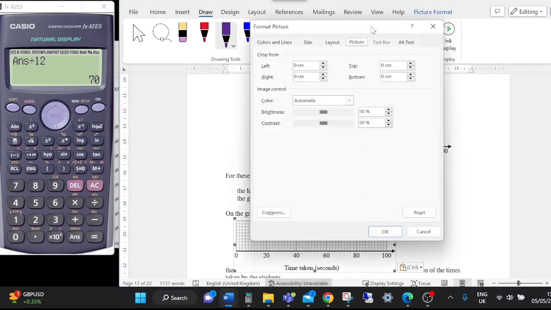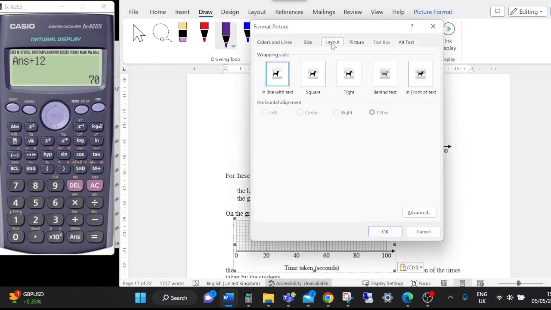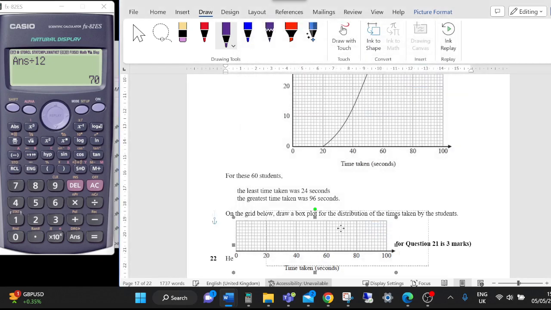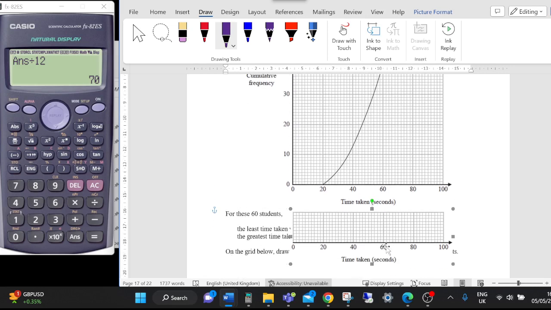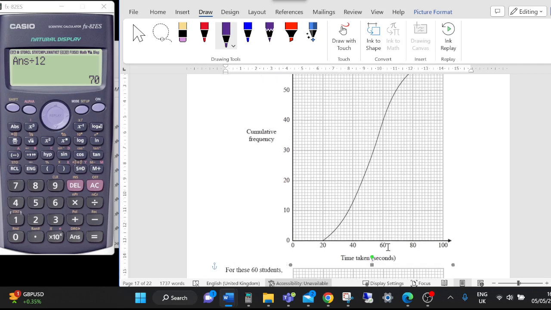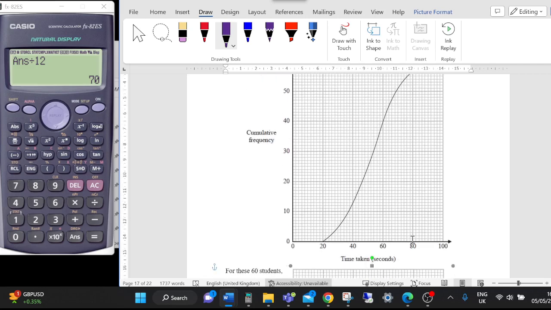let me just mess around with this slightly. So if I put that in front of the text, normally they actually line it up perfectly with the cumulative frequency graph, and then you can just line straight down. But I'll show you what I mean by that in a second.